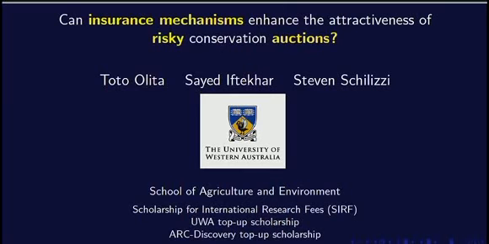So why is this topic important? We're going to focus on risk. We think literature has always talked about improving the efficiency of conservation tenders, but the aspect of risk has been missing, and therefore our paper was focused on how to mitigate some of these risks that are present in conservation tenders.